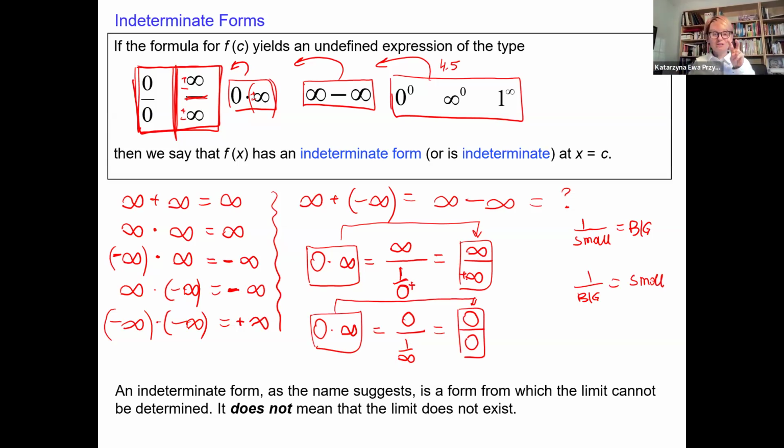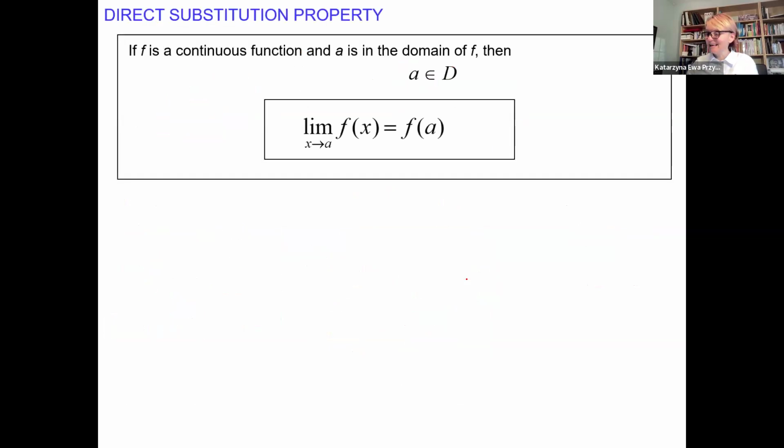Let's focus on these. Actually, let's focus on the first one, 0 over 0, because that's instantaneous rate of change, instantaneous velocity. This is from section 2.4, a really important property. If a function is a continuous function, we know what continuity means.